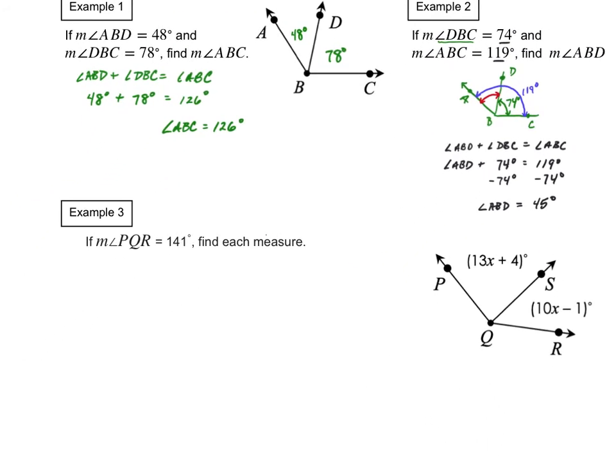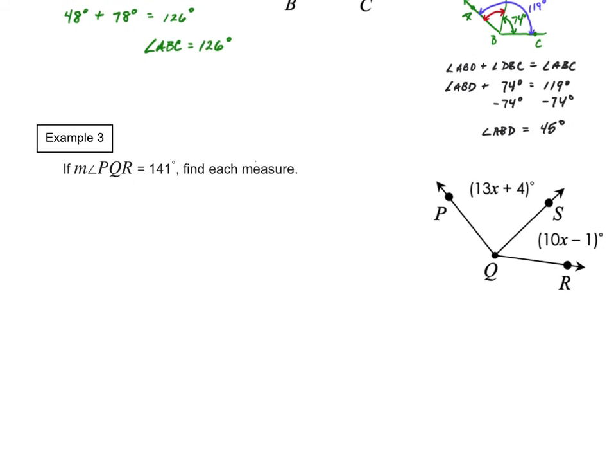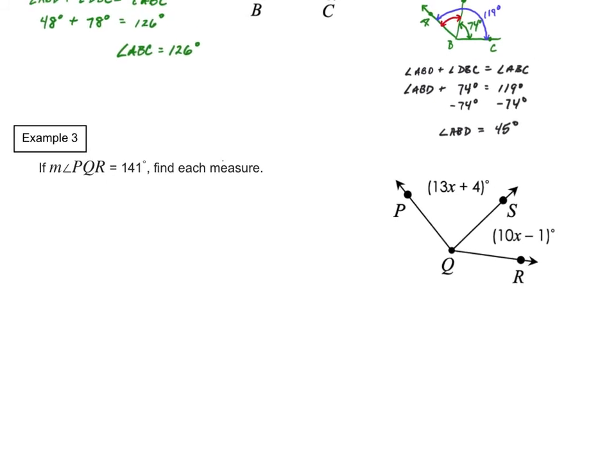All right, so looking at example number 3 here, we have the measurement of PQR is 114 degrees. All right, so they're telling me that this measurement right there is 100 and, I'm sorry, I said 14. I meant 141 degrees. Now, if I look at that image, I know that this angle plus this angle equals the entire thing.